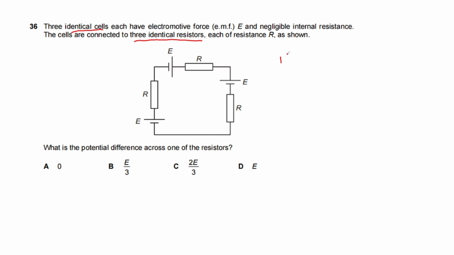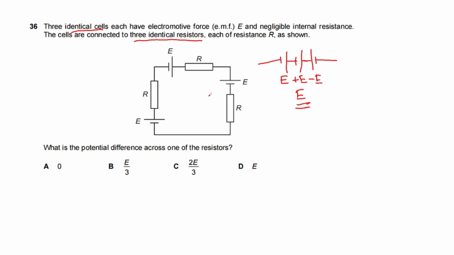This cell is like this, the second one is connected like this, the third one like this. Since these are in a series connection, the first is E, the second will be added, but the third will be subtracted, which means the whole combination will give an EMF of E. The total EMF passing in this whole circuit will be E only, right?